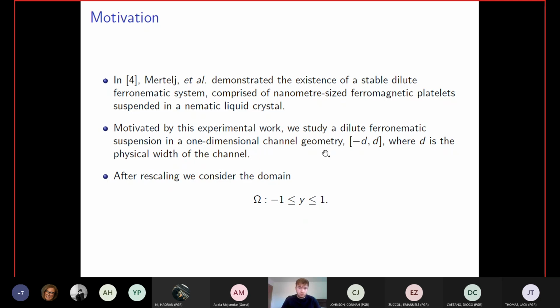Motivated by this work, we also consider a dilute ferronematic system, and we consider a one-dimensional channel geometry, which has dimensional or physical width d. After rescaling, we just have the domain y between -1 and 1. This 1D assumption is reasonable for channel geometries where the length in the x direction is much larger than the width in the y direction, because then structural properties will vary in the y direction only.